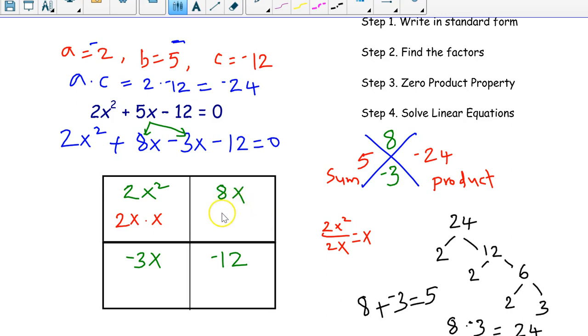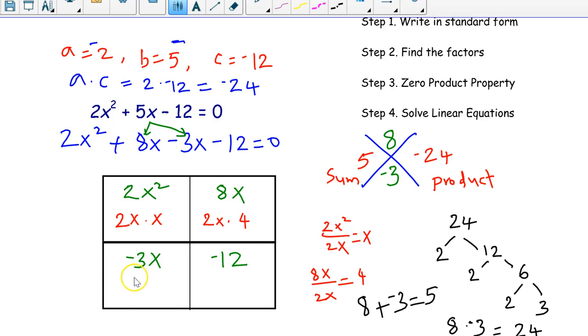Similarly, 8x divided by 2x: 8 divided by 2 is 4 and x cancelled out. So 8x becomes 2x times 4. See, 2x times 4 is 8x only. Nothing changed, and we got a common factor, 2x, in both of them.